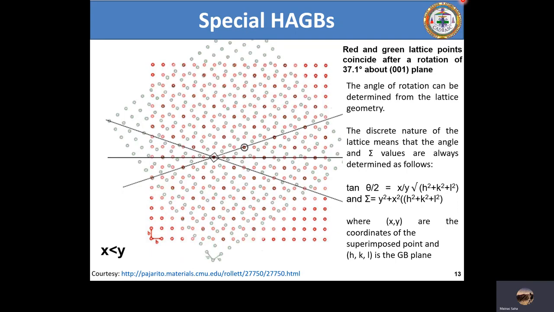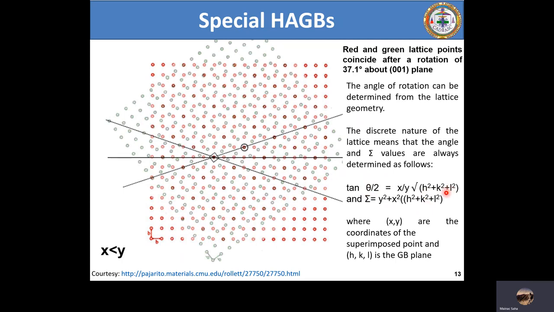The take-home message from this particular slide is that when we talk of the coincident site lattice, or the CSL concept, we consider theta as the misorientation angle between the two lattices, and HKL as the grain boundary plane.